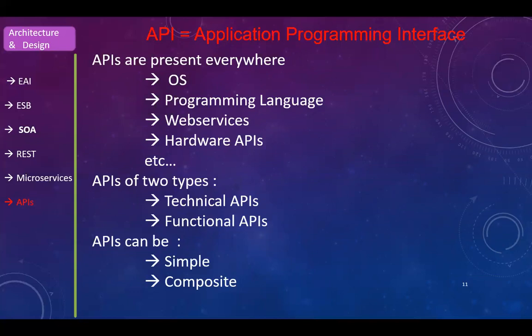Technical APIs are targeted towards technology people, whereas functional APIs are targeted towards business people. Based upon their complexity, APIs can also be categorized into simple and composite. Using a collection of simple APIs, I can create a composite API.